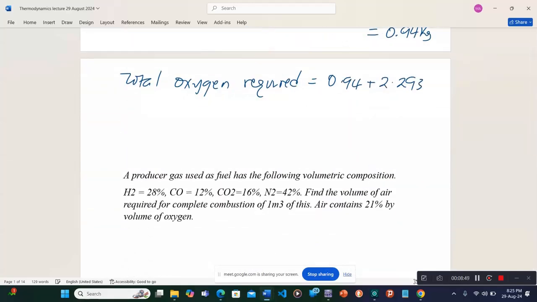So plus 0.94. So this gives us 3.233 kilograms.